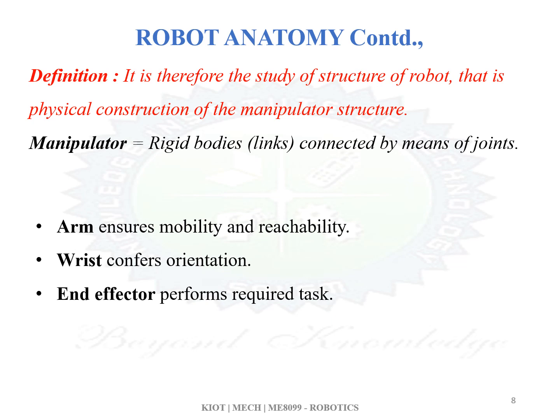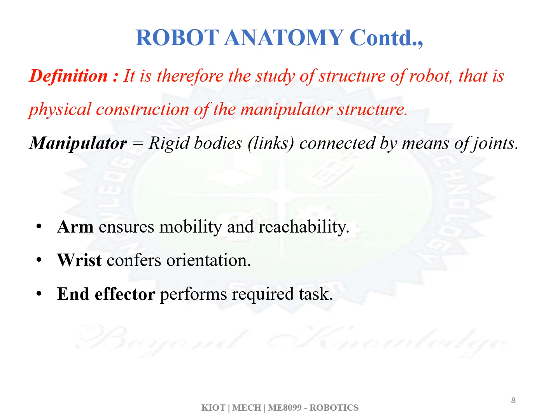As we saw, it is the learning about the structure of a robot, how its parts are constructed to bring about the complete robot. What is a manipulator? As I said, it is made up of rigid bodies, links, connected by means of joints. So links connected by means of joints is called a manipulator, and we saw these 3 parts.